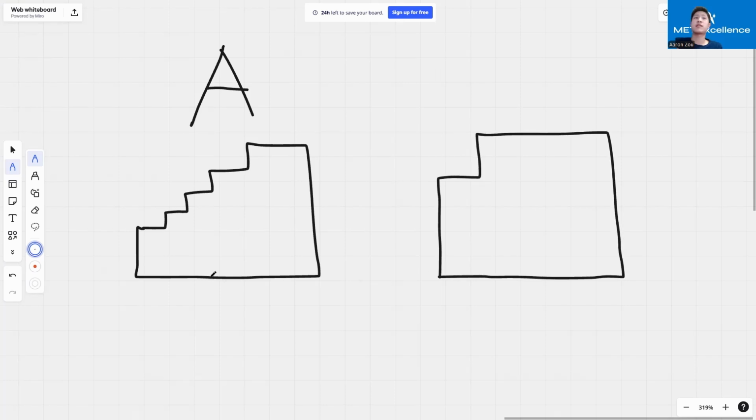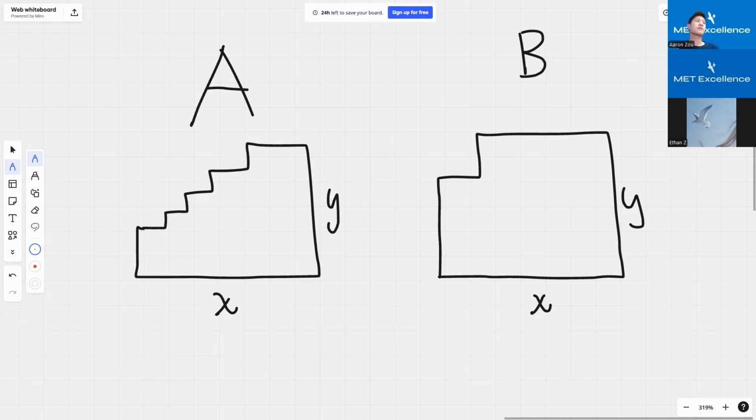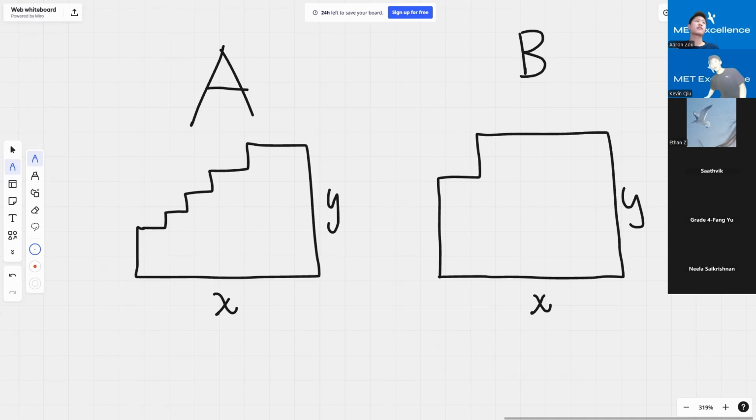And let's assume that this side is side length of X, this side is side length of Y. And same thing for the second one. So which quantity is bigger? That's right. I'm seeing a lot of C's, and that's correct.